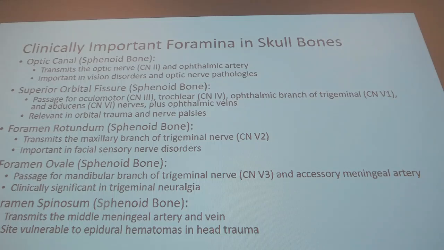Oculomotor, or cranial nerve number 3, innervates most of the muscles that help us to move our eyes. And then we have number 6, or abducens, that also passes in this orbital fissure. So we have, as you can see there, 4 nerves that pass: 3, 4, 6, and 5, the ophthalmic.